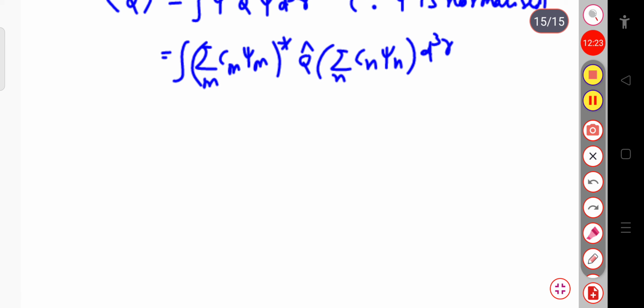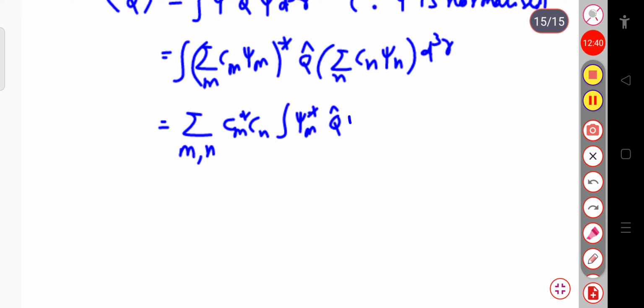If I take the summation sign here, over m and n, the Cm star is taken outside, and also the Cn, and here the integration over psi m star q cap psi n dqr. Also, you know, when this operator operates on this wave function psi n, it will give an eigenvalue.